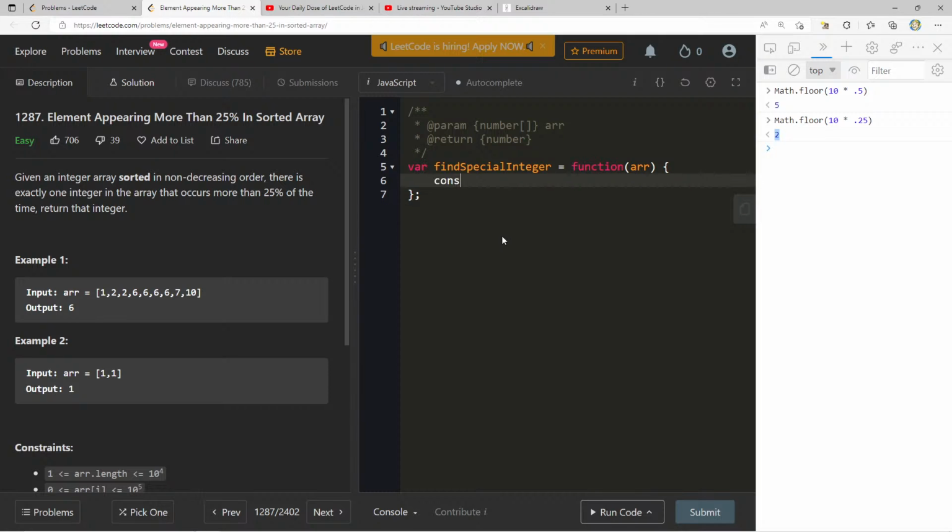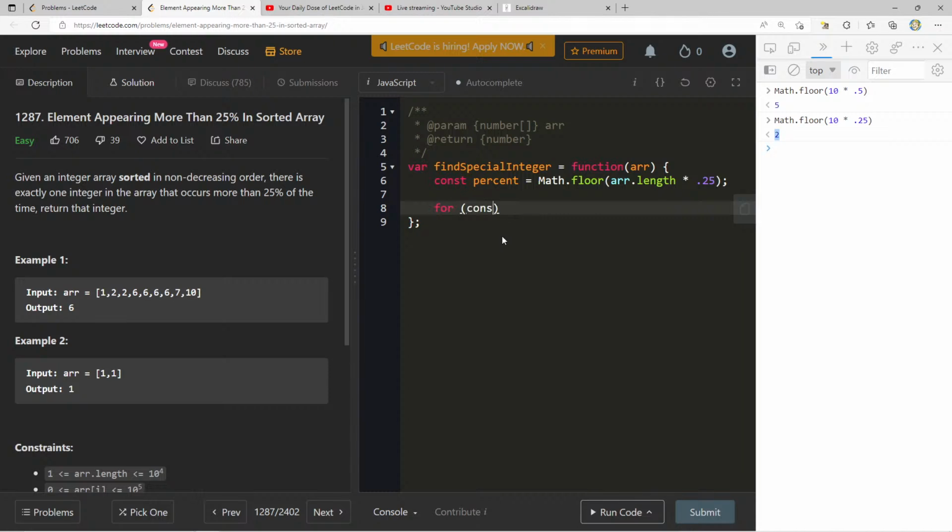And what do I mean by that? I mean doing something like this. So const frequency, and actually we can just do this all together in a single loop. So we can first take, let's see, more than 25%. I don't know, const percent equals math.floor of array.length times 0.25.